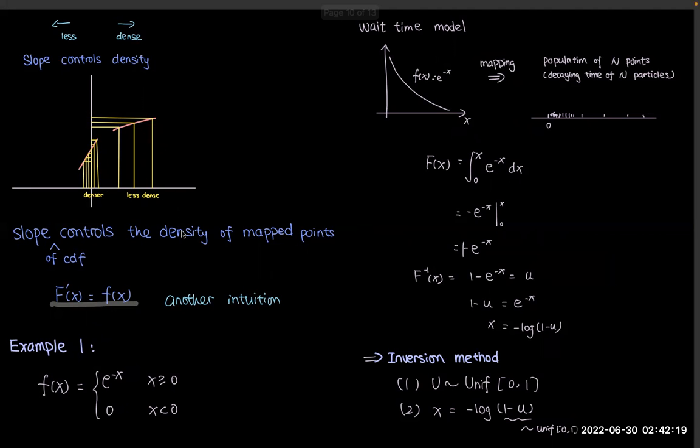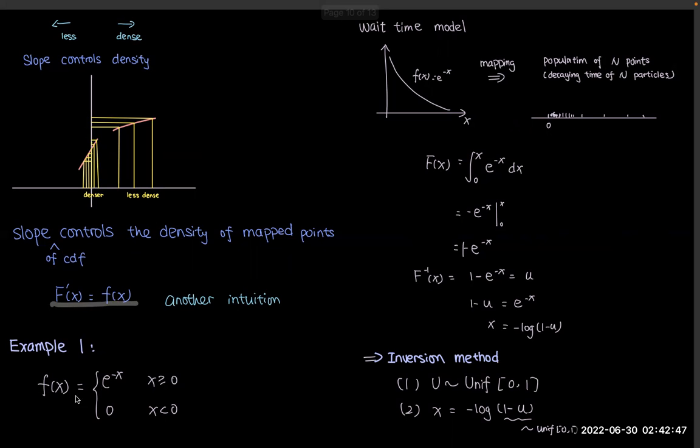Therefore, if we generate the points on x in this way using the inversion method, we get the desired density. Because this is what is given, and then we use the F inverse to do this mapping, and we get the distribution of x following the target density small f.